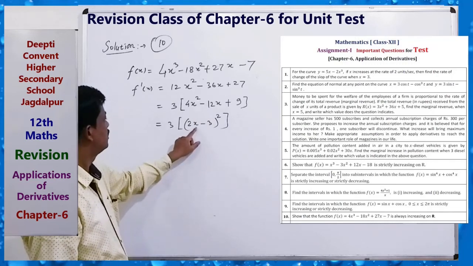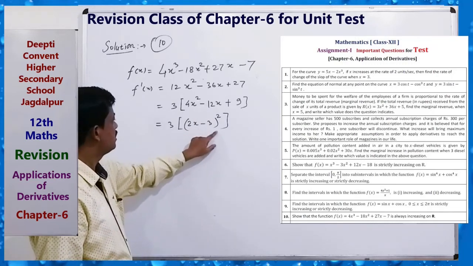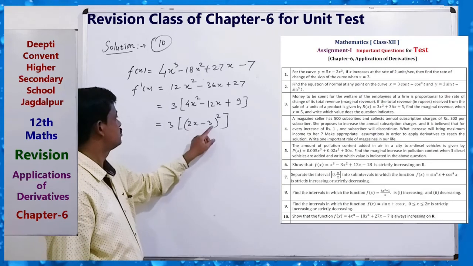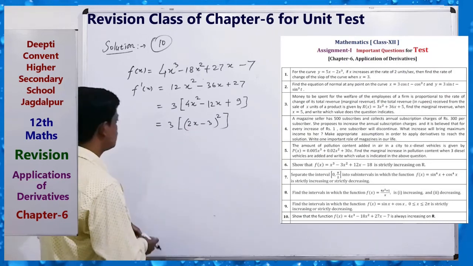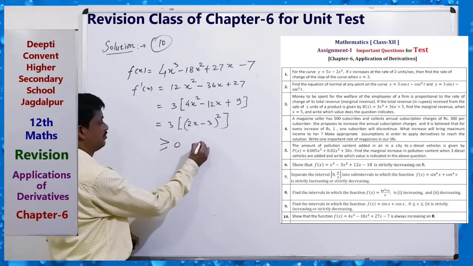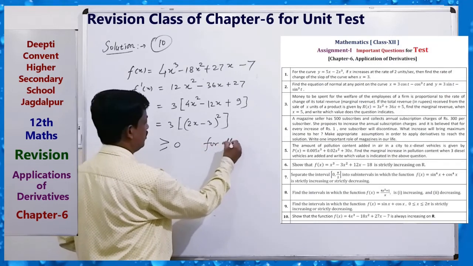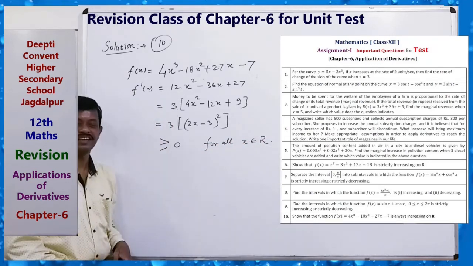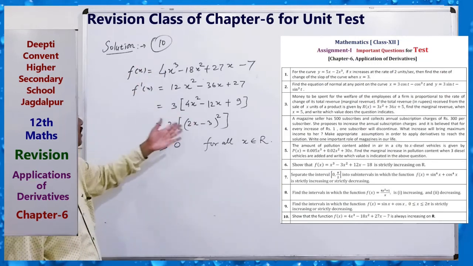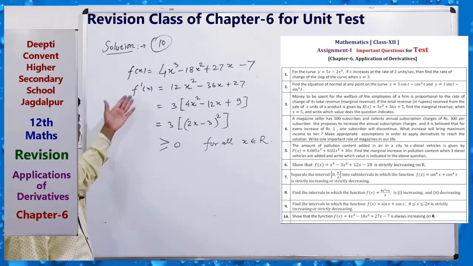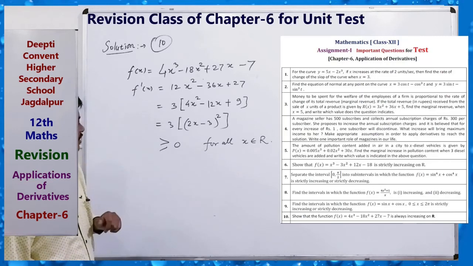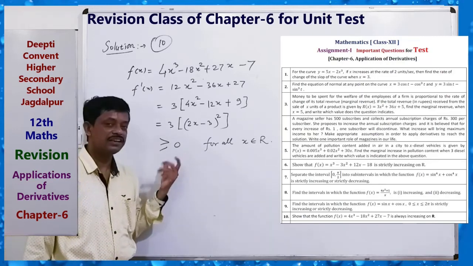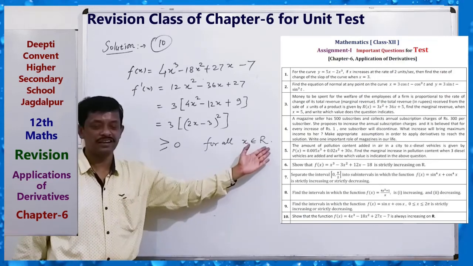Very simple. 4x square plus 9 minus 12x. So this is always greater than or equal to 0 for all x belonging to R. Just find the derivative and see whether its sign is greater than or equal to 0 for any real number.